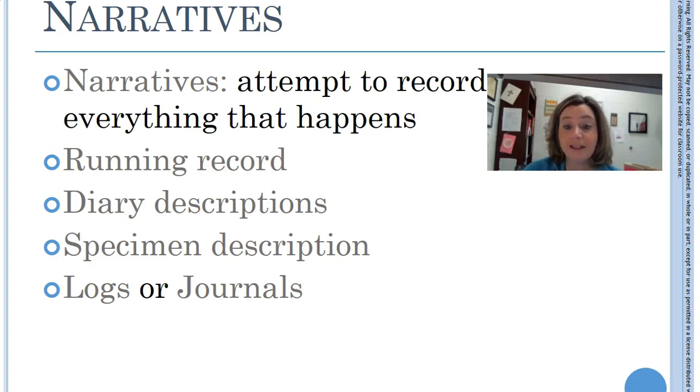The one thing about narratives is that normally you don't go in knowing what you are observing for, because you're just simply writing down whatever does happen, and then you're going back and you're analyzing what it is that you saw. And so that's an important distinction, because a lot of the other types of observational tools, you actually know what it is that you want to go and look for.